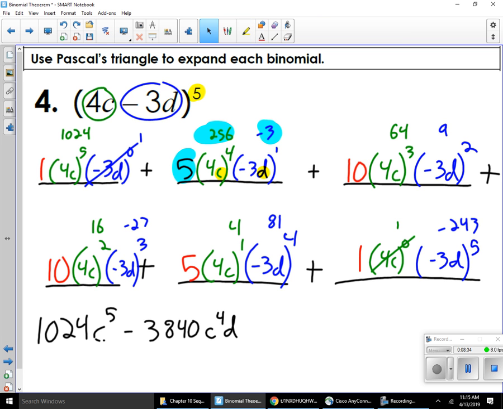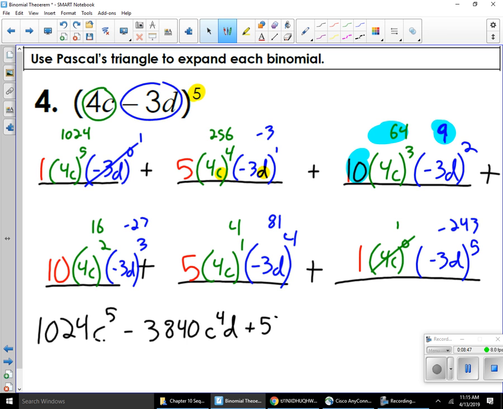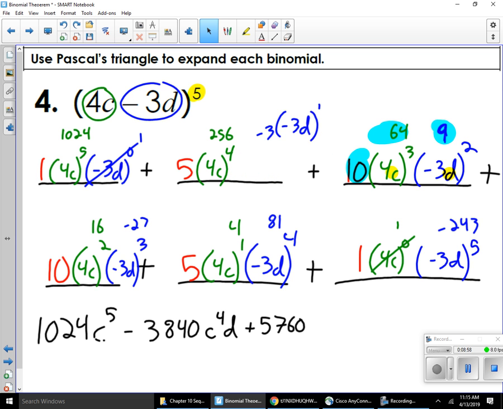After that, we have the 10 times the 64 times the 9. That 9 kind of looks like an A, doesn't it? 10 times the 64 times that 9, which gives us 5,760. And again, 2 variables. We've got the d squared as well as the c cubed.